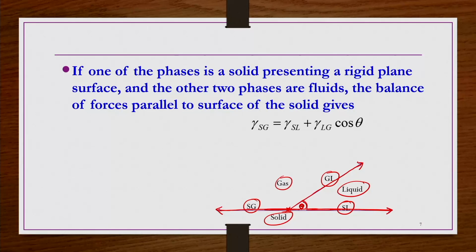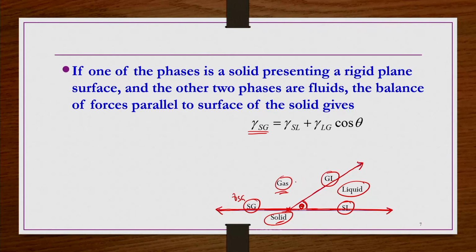SG is, rather than a direction, in general an interface between the solid and the gas phase. That interface between these two phases has some amount of interfacial tension, and that interfacial tension is gamma SG.